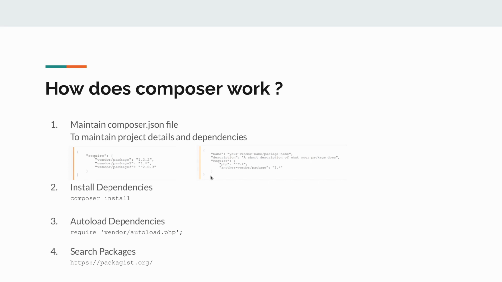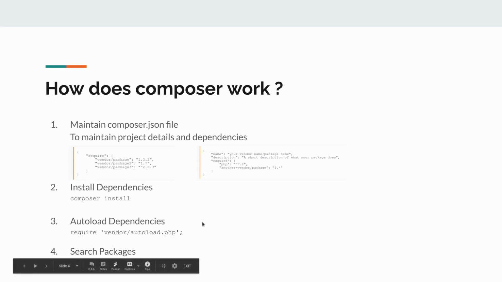So to install a dependency, you do composer require and the package's name, or if you have an already built project and just want to install the dependencies as a deployment process, you just transfer the files and do composer install to install all the packages that are mentioned in the composer.json file.